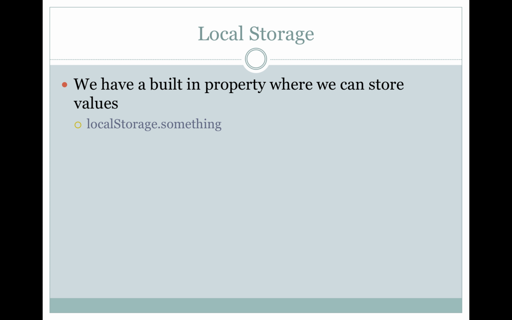We can set any property of this localStorage object, and it is persistent, which means that if we close this page and load it again, whatever we set in this localStorage object stays there. And it's a little bit easier to interact with than cookies. So the book heavily recommends using local storage instead of cookies for a number of different reasons.